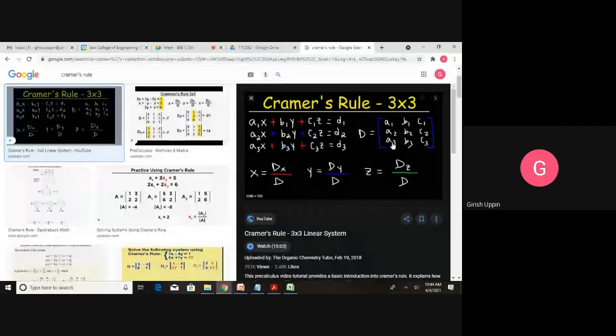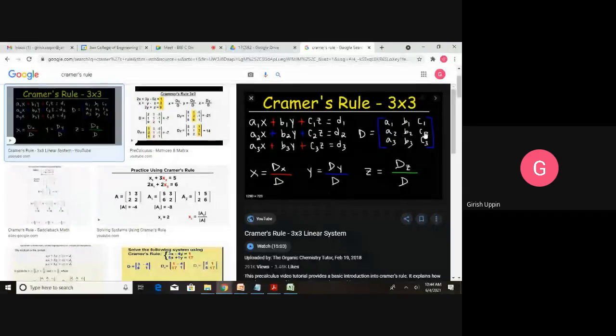Then how to find x would be Dx by D. And what is the Dx? For this, these are the coefficients for x. You are going to replace them with d1 d2 d3. Dx is equal to d1 d2 d3, b1 b2 b3, c1 c2 c3.